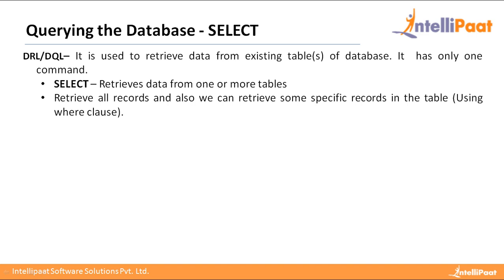It retrieves the data from one or more tables. Retrieving is nothing but extracting the data. It can retrieve all the records, and it can also retrieve some specific records in the table, or sometimes it may retrieve all the records with only specific columns information.